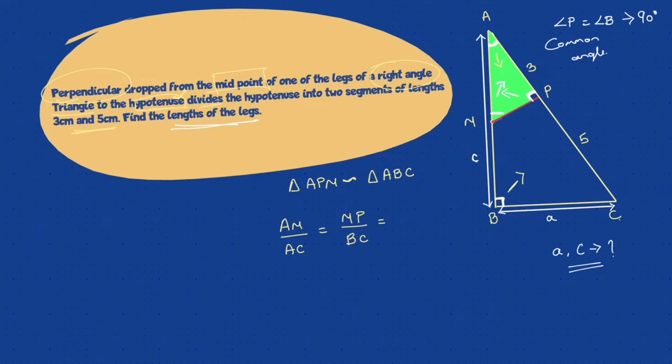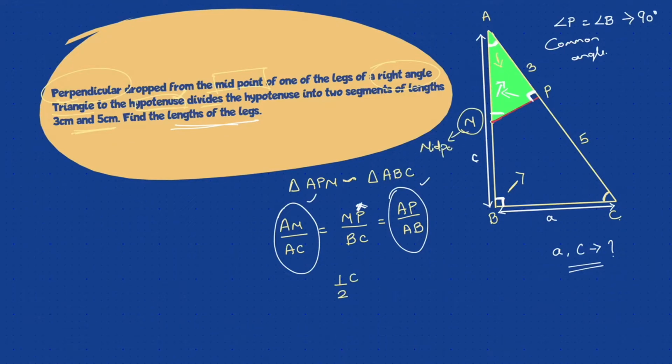Just see the angles which are equal and the sides opposite to them. Then the third angle: angle M, opposite is AP in the smaller green triangle, and angle C, opposite is AB. That's it. I write the result for similarity. I'll take only these two. Why? Because I don't know the length of MP or BC, so what will I do?